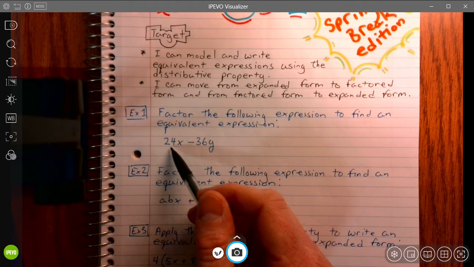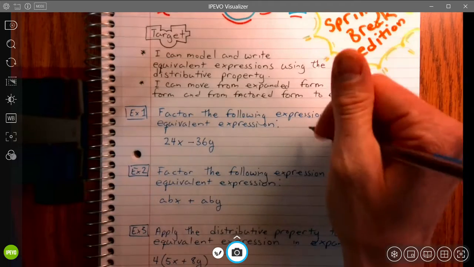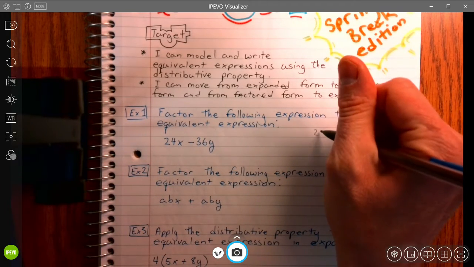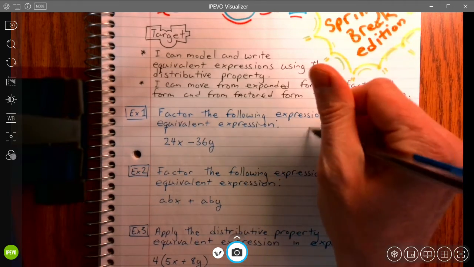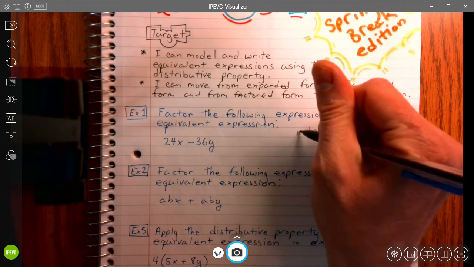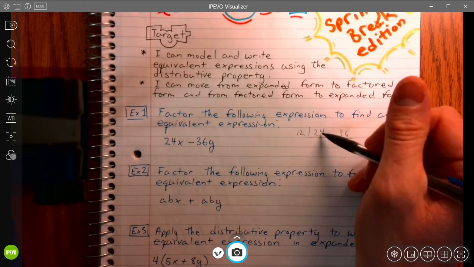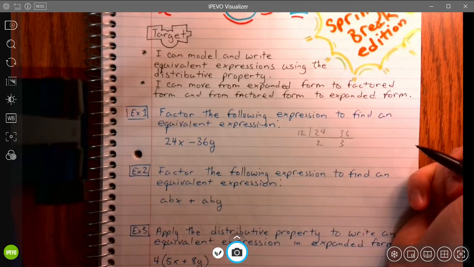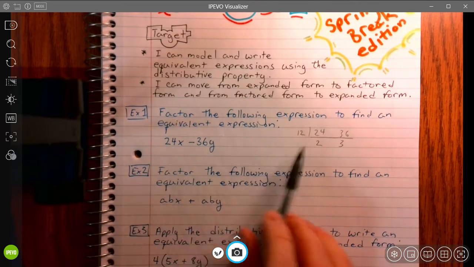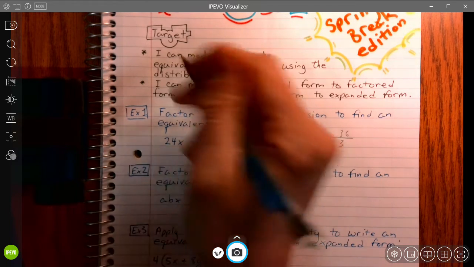But is there a number that can divide evenly into both 24 and 36? Okay, let's see here. If I use my recursive division algorithm, I can say, oh, I think 12 goes into 24 and 36. 24 divided by 12 is 2. 36 divided by 12 is 3. So I can pull a 12 out of both of these terms.